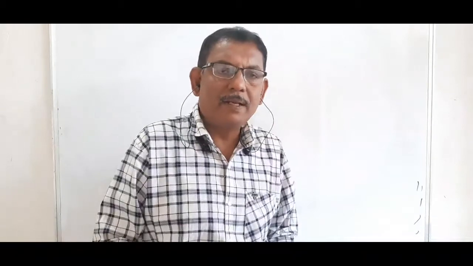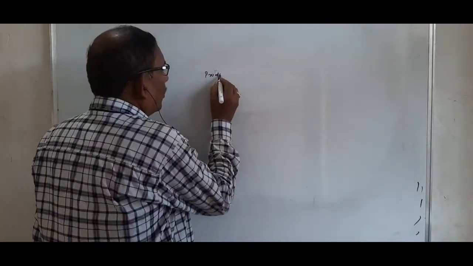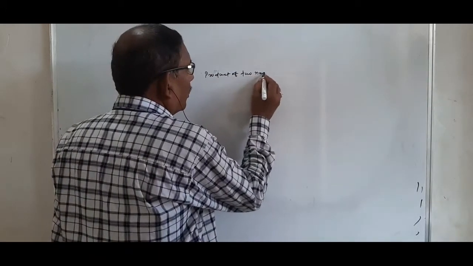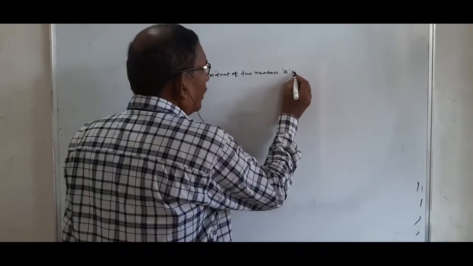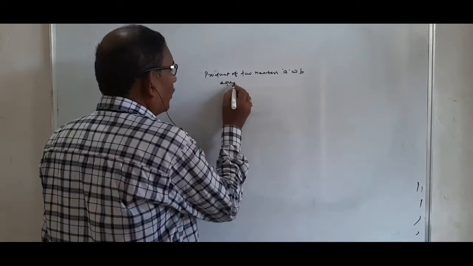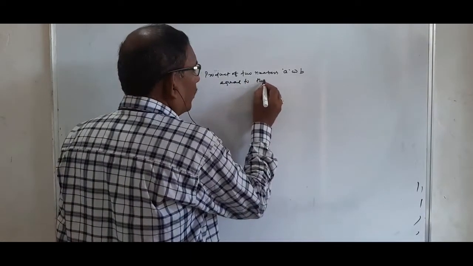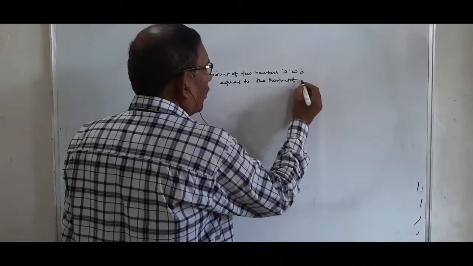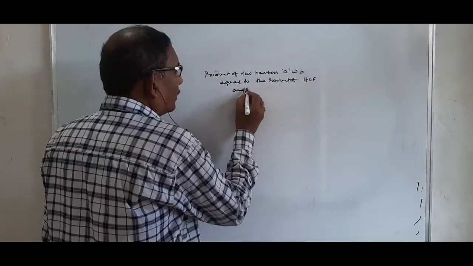The product of two numbers is equal to the product of their HCF and LCM. Take A and B: A times B is equal to the product of HCF and LCM.